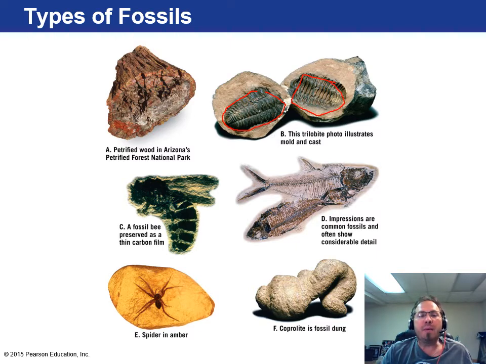You have this B here in section C, which the only thing that's left behind is the carbon residue. You have fish impressions, because fish don't have really hard parts that you can fossilize very well. So they leave sort of that impression in the sand. You have a spider encased in amber, which is like tree sap sort of.